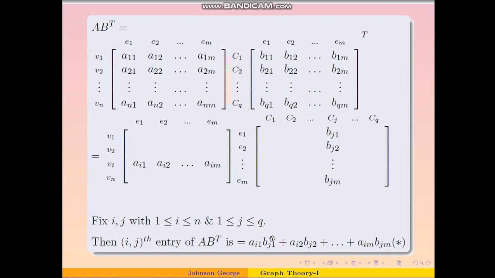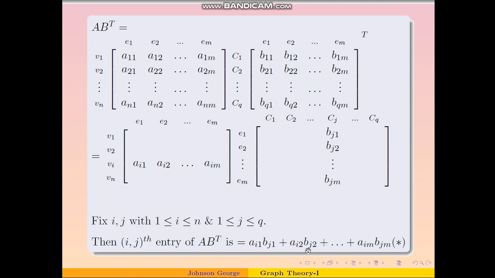Again I repeat, the first term of this equation is non-zero if E1 is incident on the vertex Vi, and the same edge E1 is in the cycle Cj also. Then only the first term is non-zero.